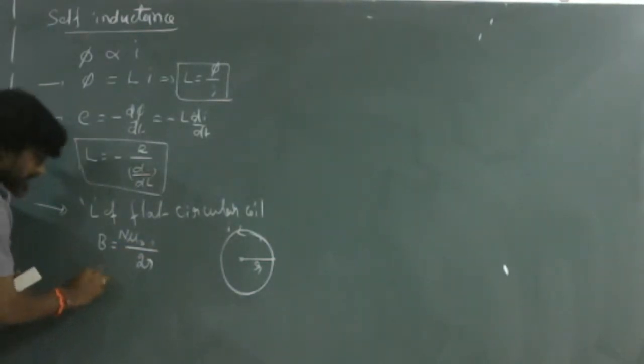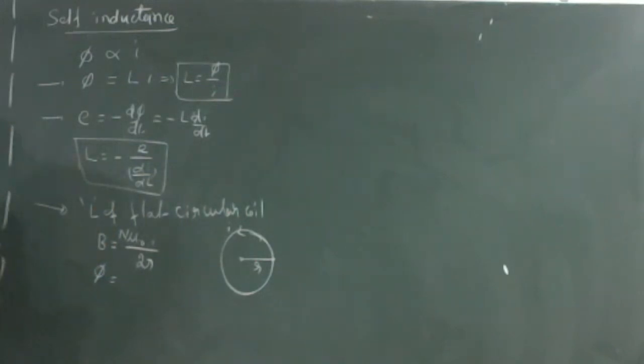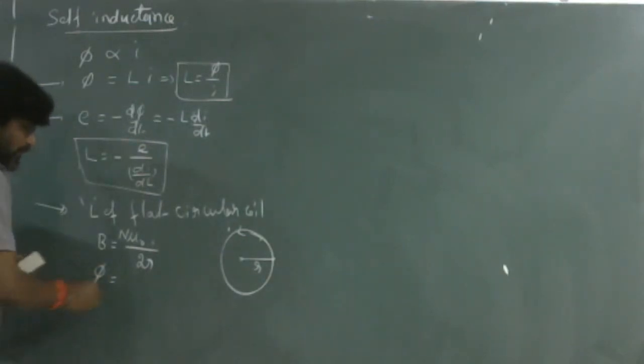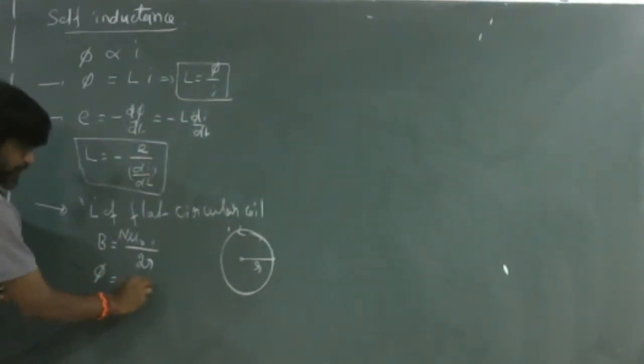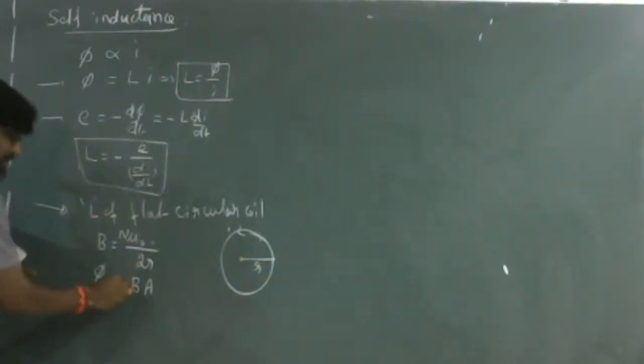The flux linking with this coil due to the current is given by phi is equal to, usually phi is equal to BA. With the number of turns, it is n into BA.